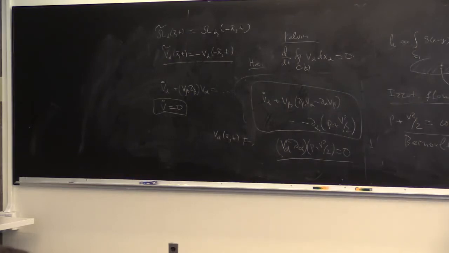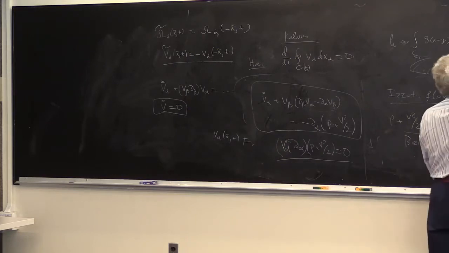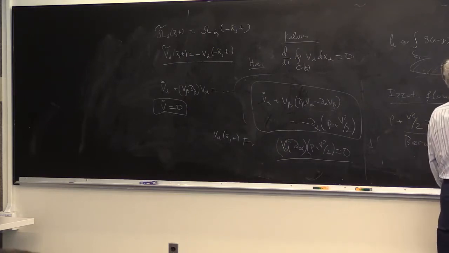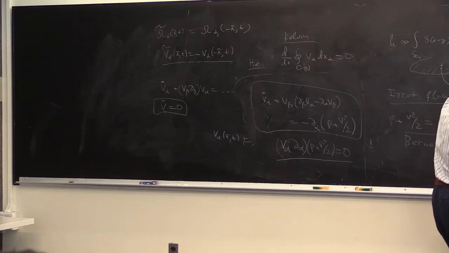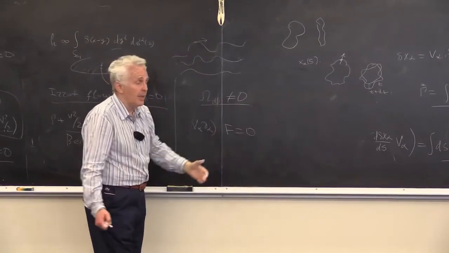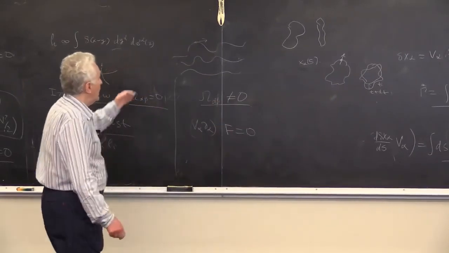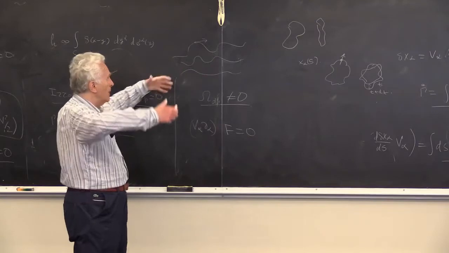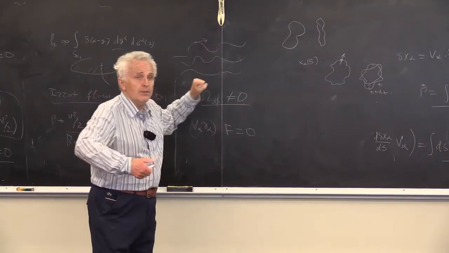Yes, so it means that if you have streamlines in the flow, streamlines are the lines such that the velocity at this point is tangent to this streamline. That's the definition of the streamline. And so any flow can be represented as a collection of streamlines.